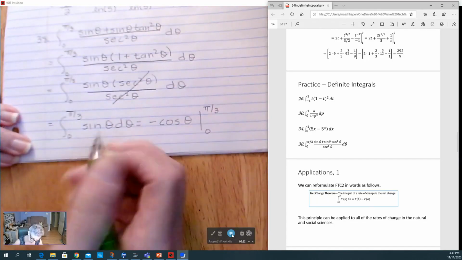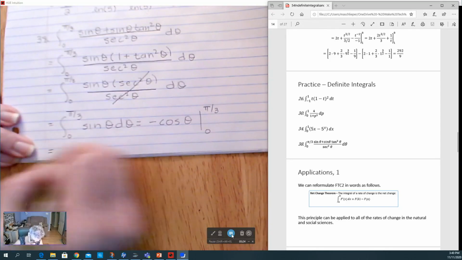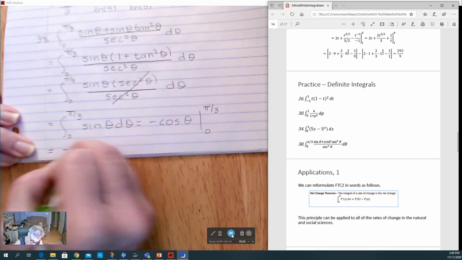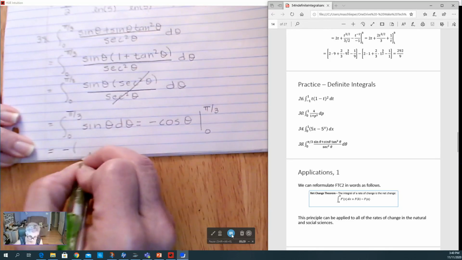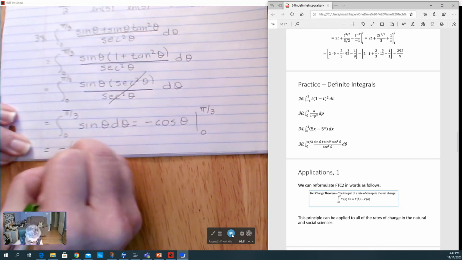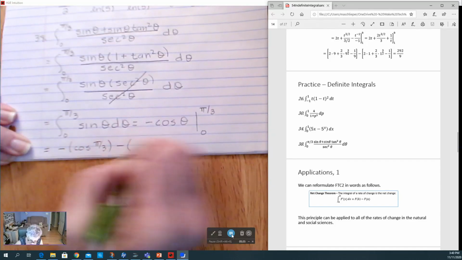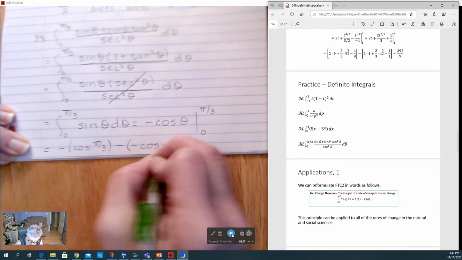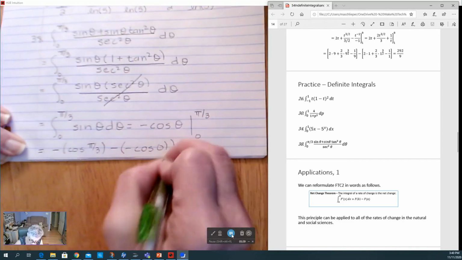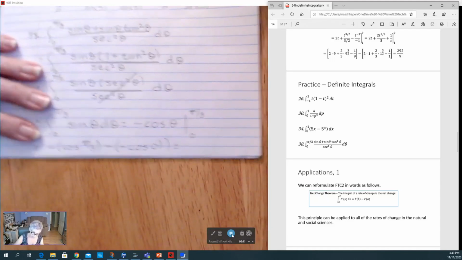I plug in pi over 3 first, so that's negative cosine of pi over 3 minus negative cosine of 0.